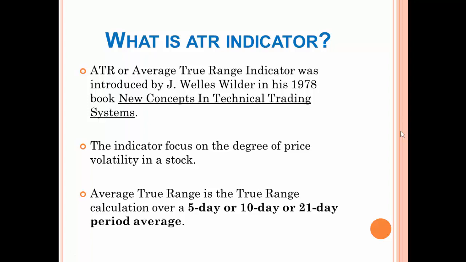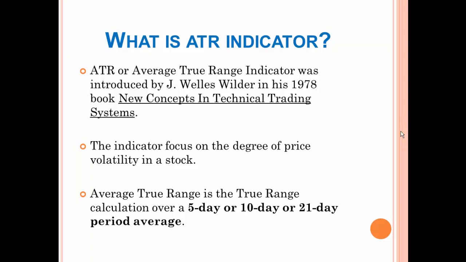So before coming to the ATR bands, let us understand what is ATR indicator. ATR or average true range indicator was introduced by J. Wallace Wilder in his 1978 book New Concepts in Technical Trading Systems. Mr. Wilder has introduced this ATR indicator, and this is basically a volatility indicator.